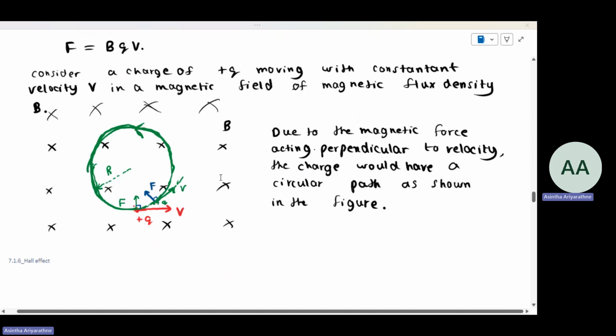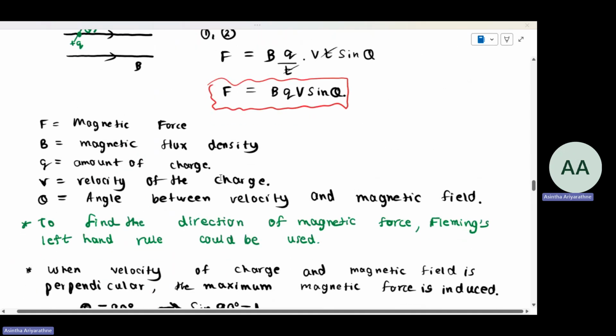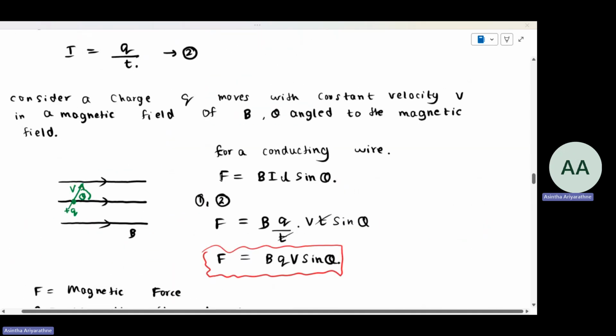Right. So let's move on to the theory part, which is named the Hall effect. Hall effect. So that is a special phenomenon, a special incident that can be observed in a current carrying conductor, due to the magnetic field, which can be described using the previous knowledge of Fleming's left hand rule.